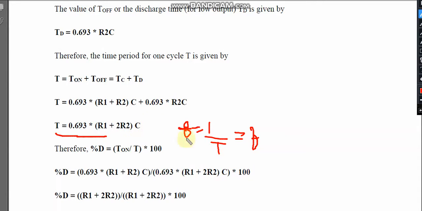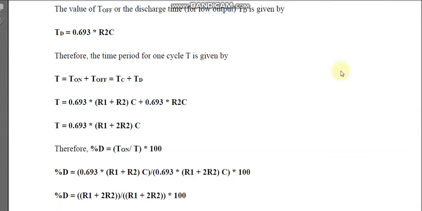If I give you the frequency, you can assume C, and you will have an equation in terms of R1 and R2. And through the duty cycle, you will also have an equation in terms of R1 and R2. I will be giving you the duty cycle and the frequency. So through that you can find out the values of R1 and R2 by assuming C, because you have three unknowns and two equations, right?